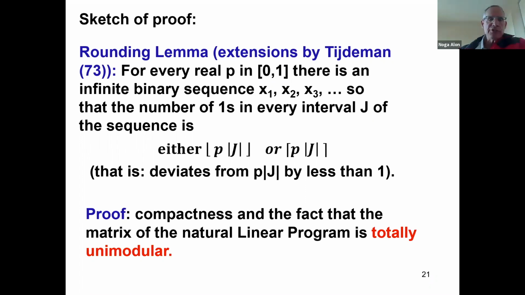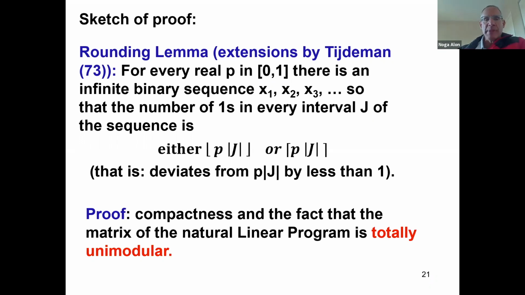So I wrote one proof of this. If p is irrational, then there are things that are called BT sequences, and you can use them, and they give you really an explicit expression of this thing, and then you have to think a little bit what you're doing when p is rational.